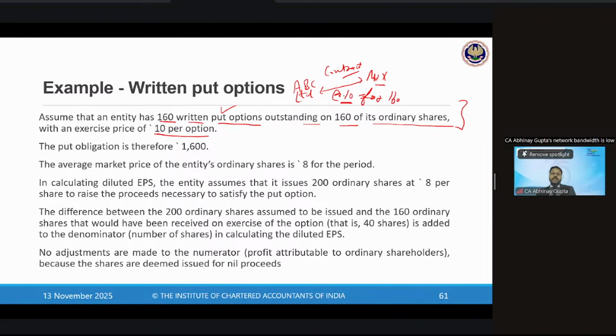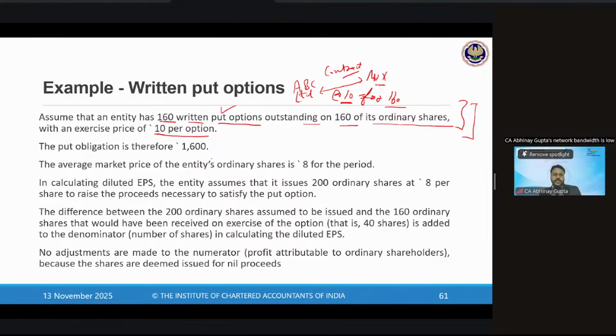So for each share, ABC Limited will pay 10 rupees to Mr. X, and Mr. X will surrender 160 shares for rupees 10 each to ABC Limited in case Mr. X wants to do so, right? So that is up to the will or wish of Mr. X. This is the contract.